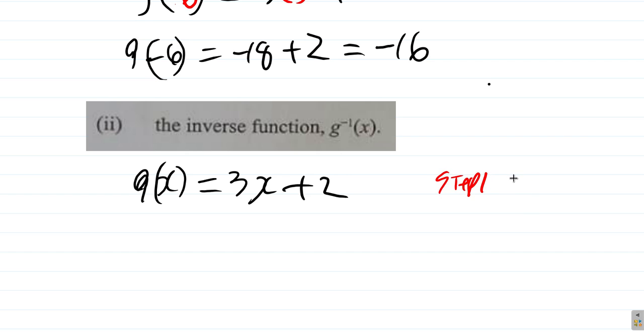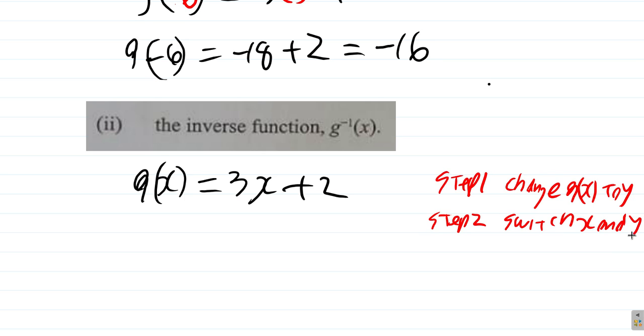Step 1, you change g of x to y. Usually it's f of x, but this time they say g of x. Step 2, you switch x and y. Step 3, you interchange to make y the subject.